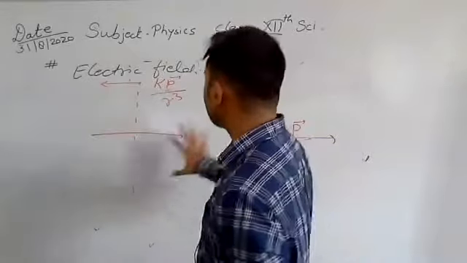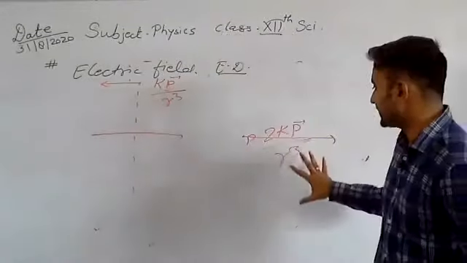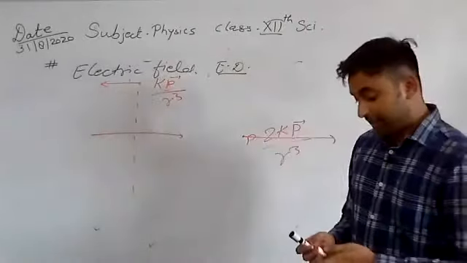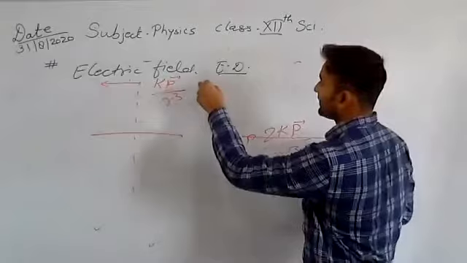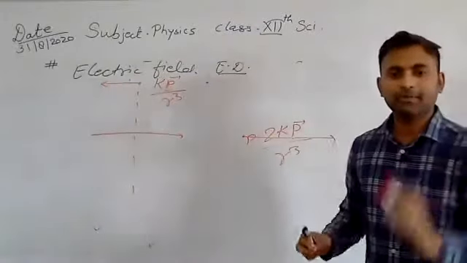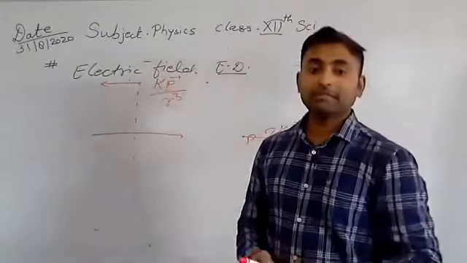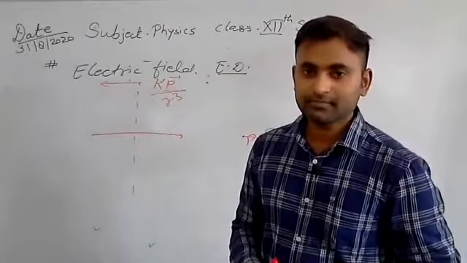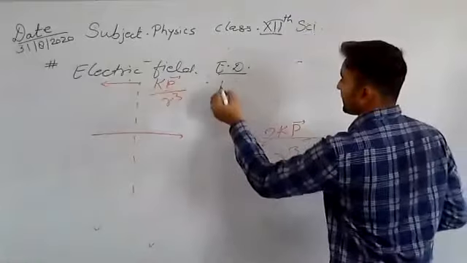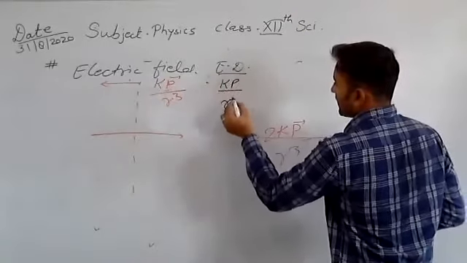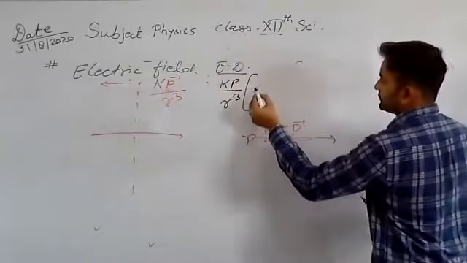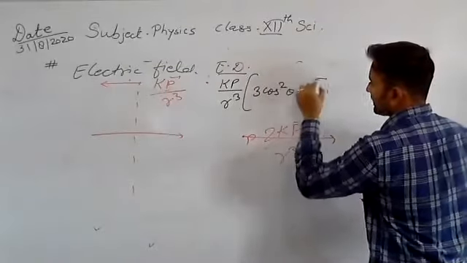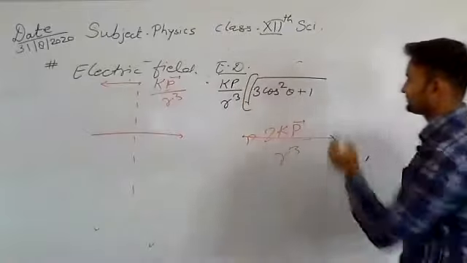Is there anyone who doesn't know how to calculate the electric field at an axial point, or at an equatorial point, or else at any arbitrary point somewhere here? Then what will be the electric field? It will be kp by r cube times root of 3 cos square theta plus 1.